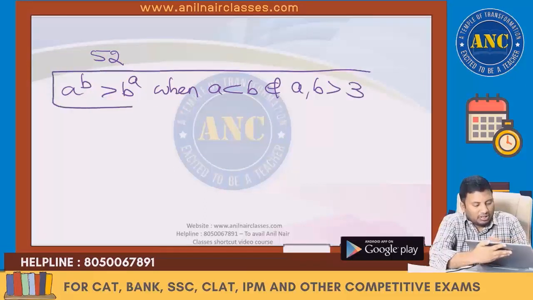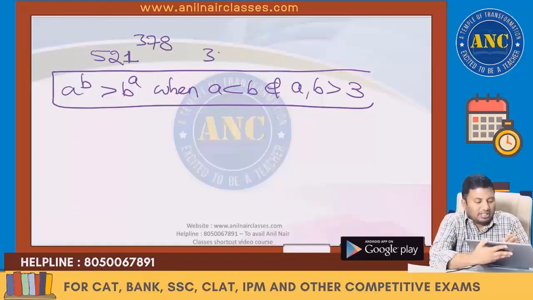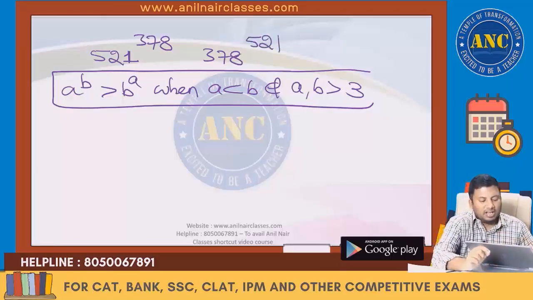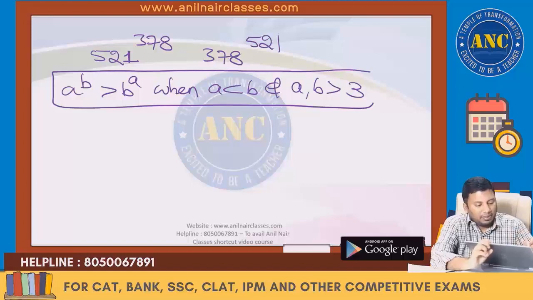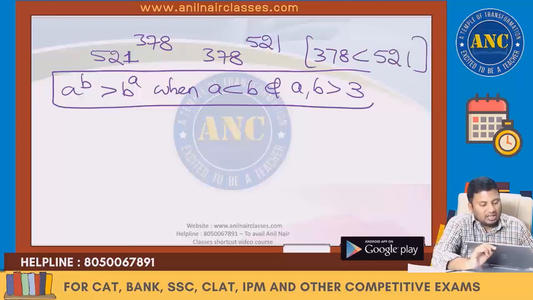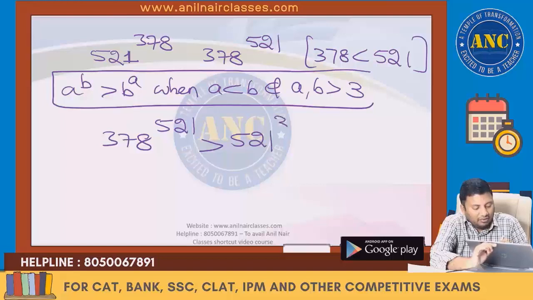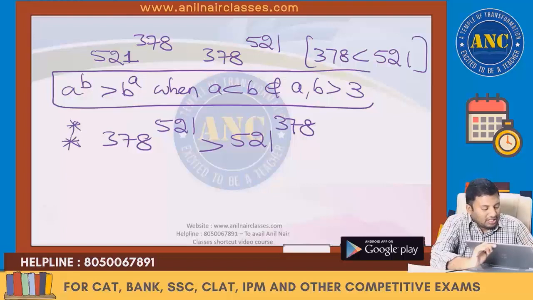Suppose for example 521 power 378, 378 power 521. What is the relationship between these? Here 378 is less than 521, so 378 power 521 is greater than 521 power 378 according to this concept. I hope it is clear.